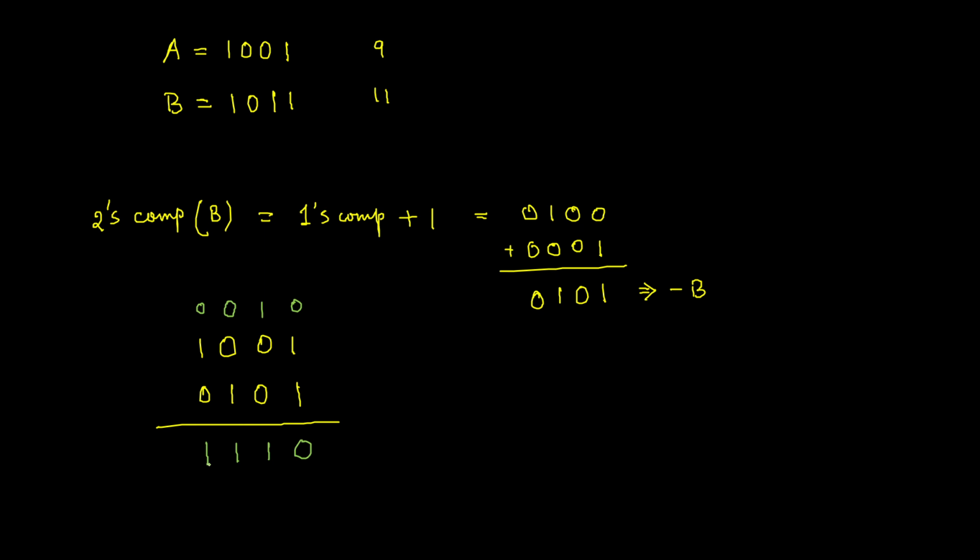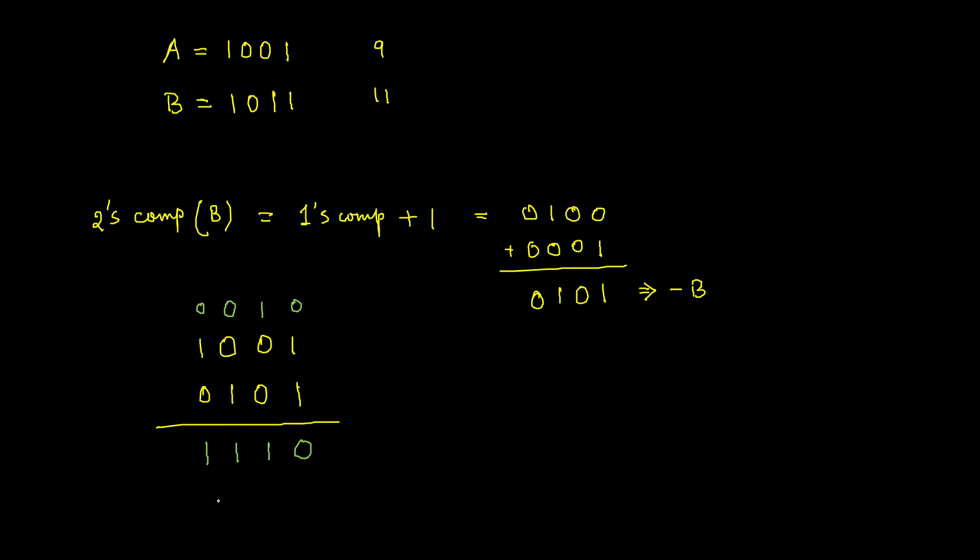And if you see that after this addition there was no carry, you must understand that basically the result should be negative. Okay, and since the result is negative, that's why the result is itself given in 2's complement form.